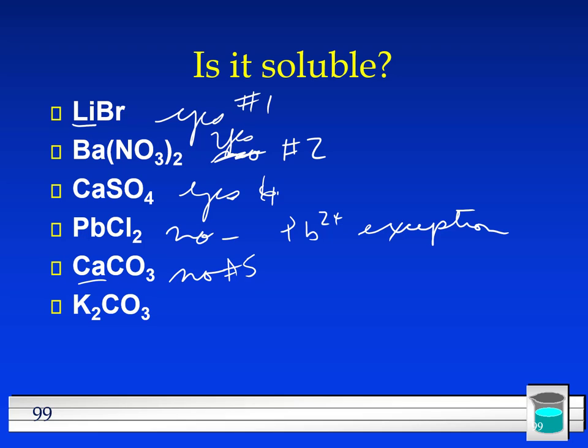What about K2CO3? Is K an alkali metal? Yes. That's it. We're done. We're done, right? Once we figure out alkali metal, so don't forget to check that first piece. It'd be really hard, huh?